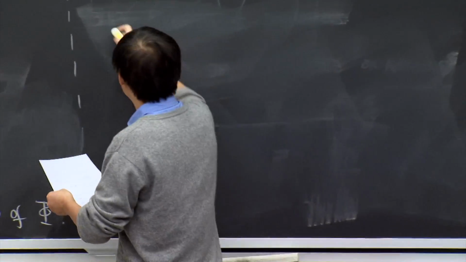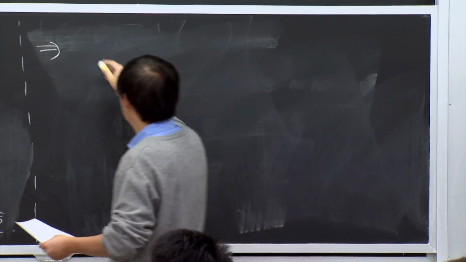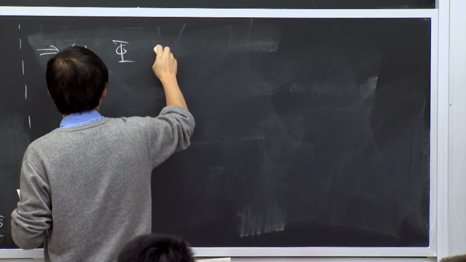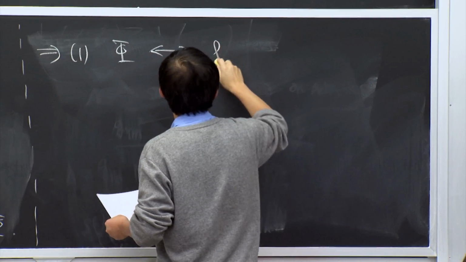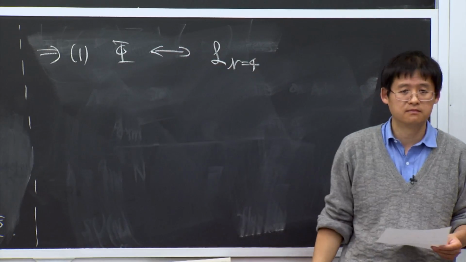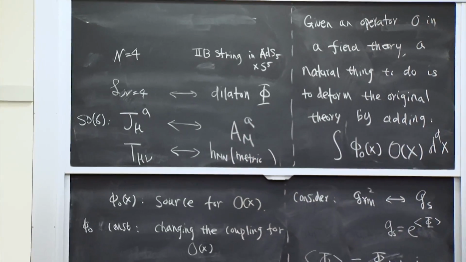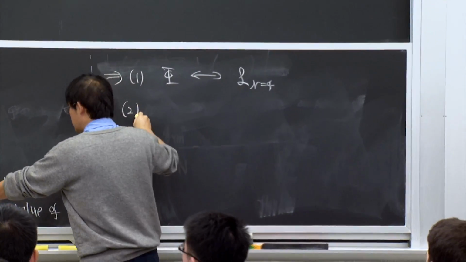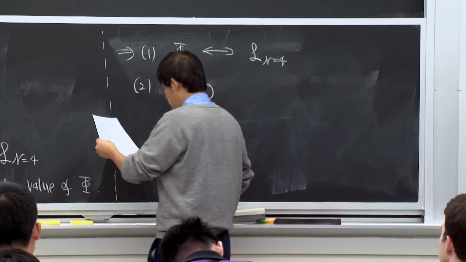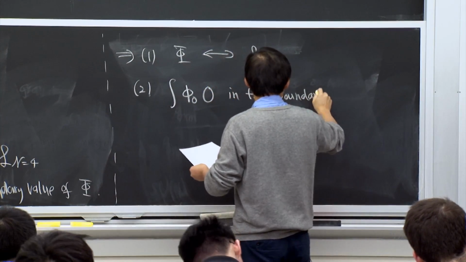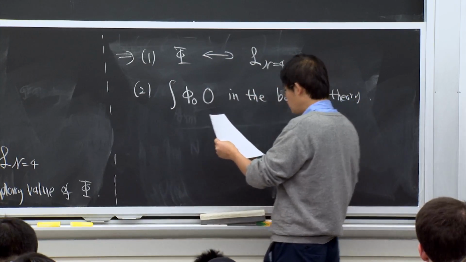From here, we can deduce first that the operator corresponding to the dilaton must be the N equal to 4 super Yang-Mills Lagrangian, as you can already deduce from some other methods, say using group theory, etc. And the second is that adding a phi 0 O in the boundary theory must be related.